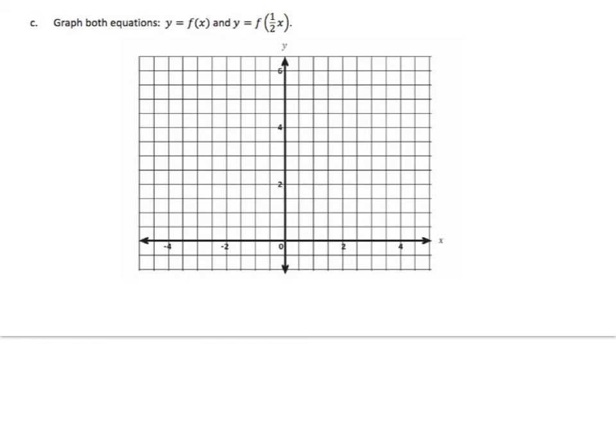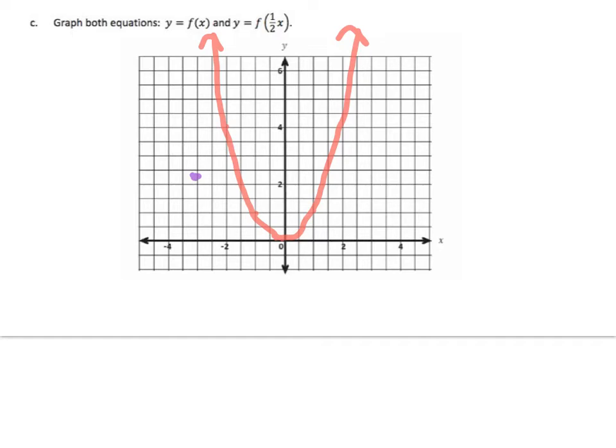And graphing it, let's do f of x first because it's not going to change. Negative 2, 4, negative 1, 1, 0, 1, and 4. It's a parent function, always the same. It's a big U opening up. Now our other one, we're going to go negative 3, 2.25, about right there.